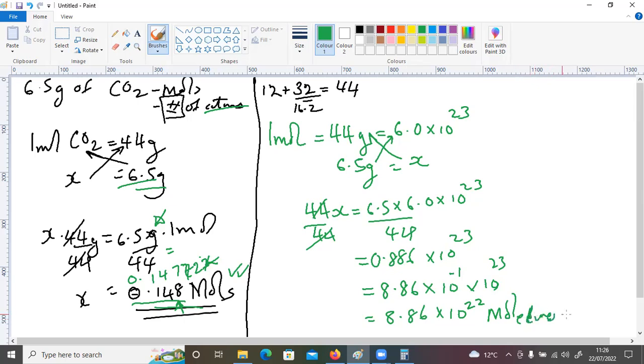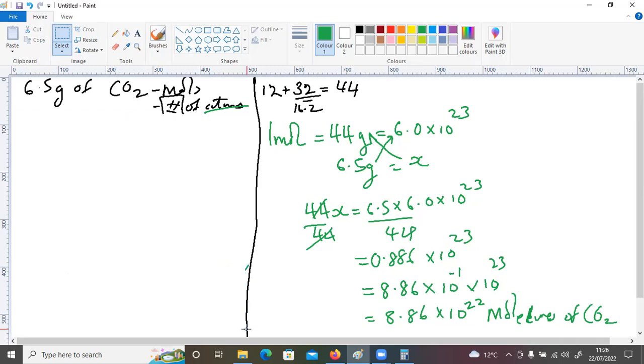Molecules of CO2. But the question is not asking that. The question is asking us the number of atoms. So what we'll do, this is a good one because it will force us to do something extra, is to know that in one carbon dioxide molecule, CO2, I have one carbon and 2 oxygens.